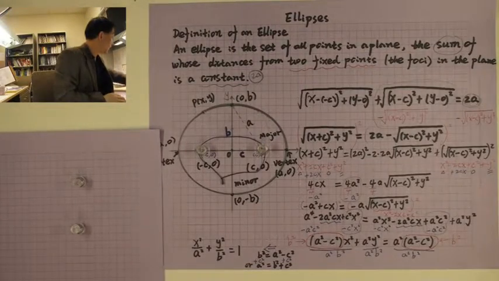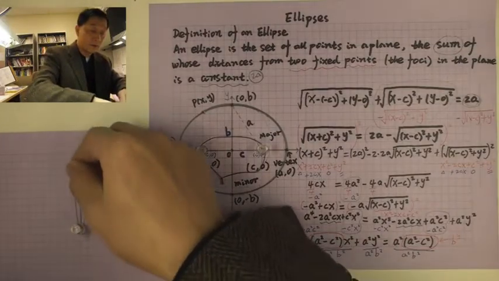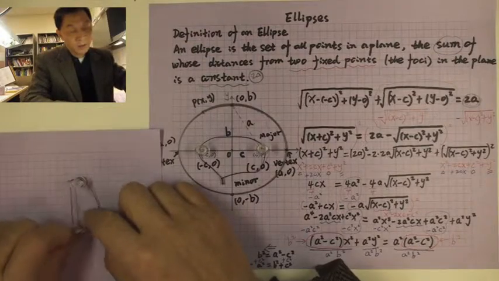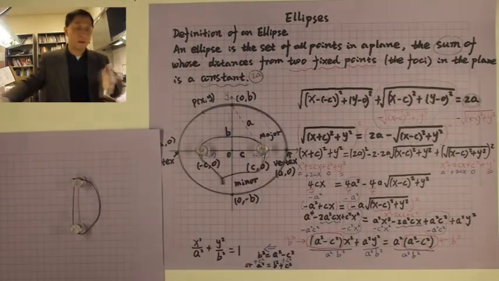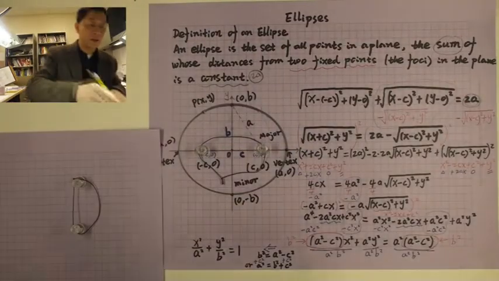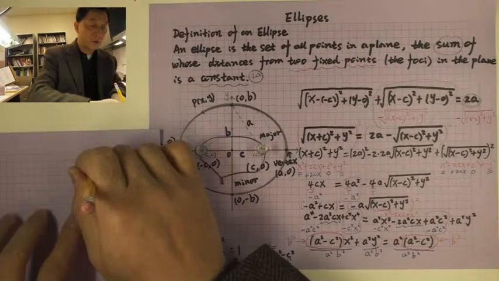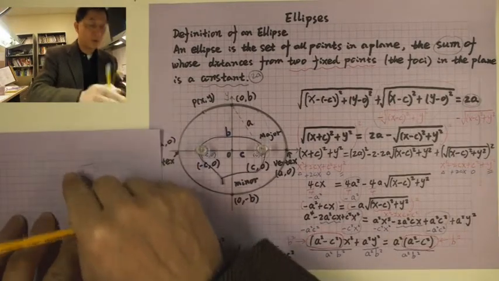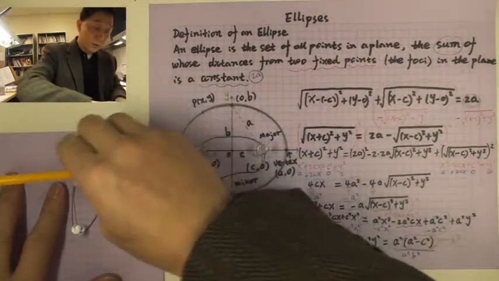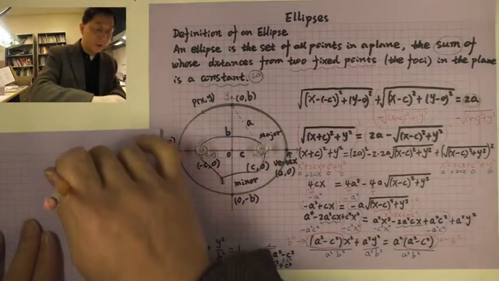Okay, and then you put a very tiny line on that. This is the horizontal direction, and this is the vertical direction. If you draw an ellipse, what kind of shape do you get?